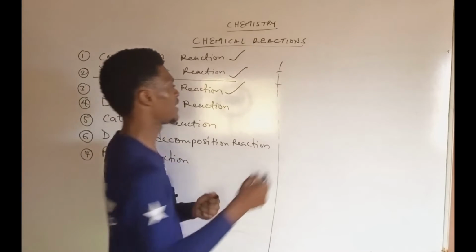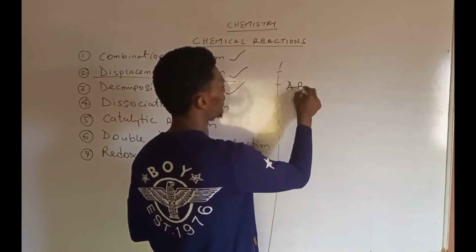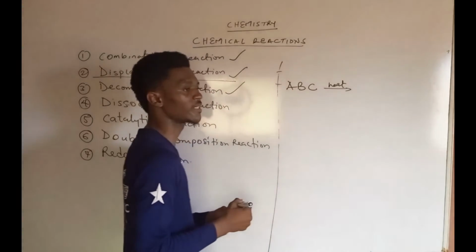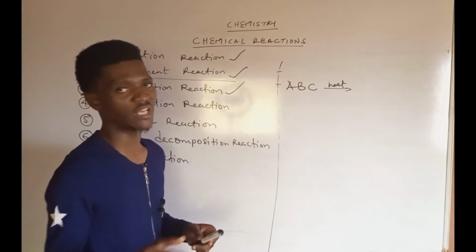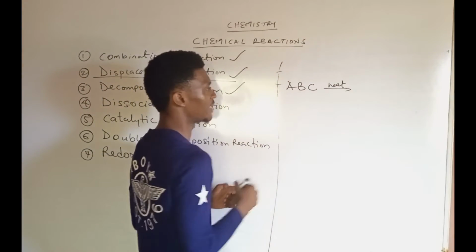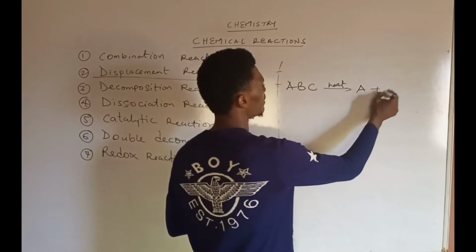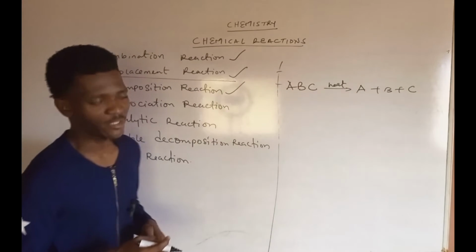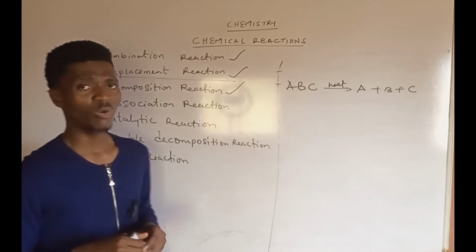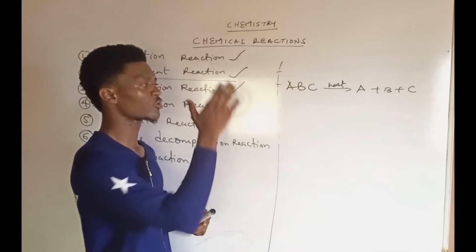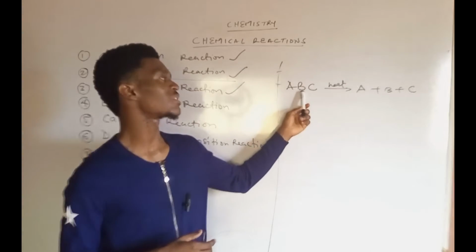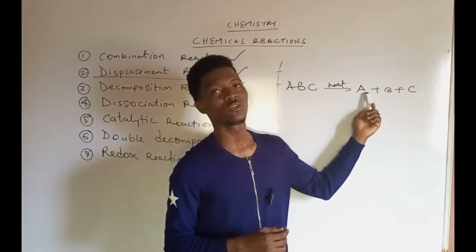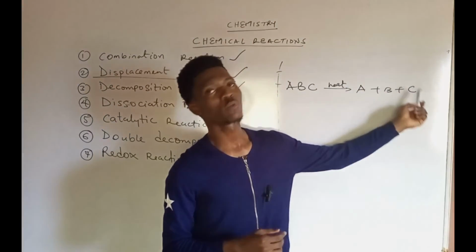For example, let's say we have ABC, and then you apply heat. Most times, decomposition reaction is usually facilitated upon the application of heat, and then it ends up giving you A, B, and C. So this is an example of a decomposition reaction. What do you observe? Now, there was the application of heat on this reaction to cause the splitting of these substances, and then it ended up giving us A plus B plus C.